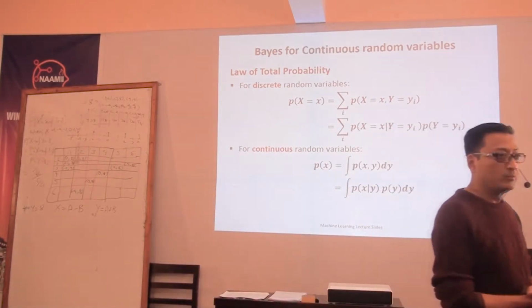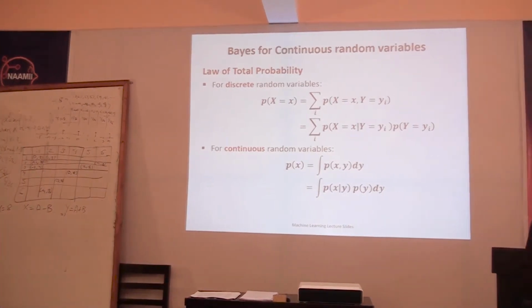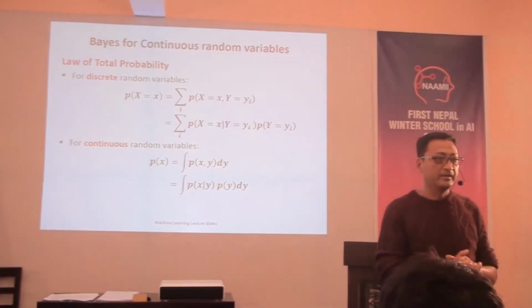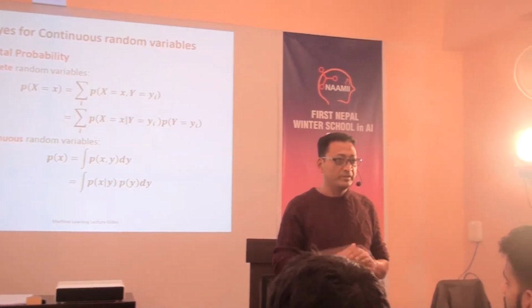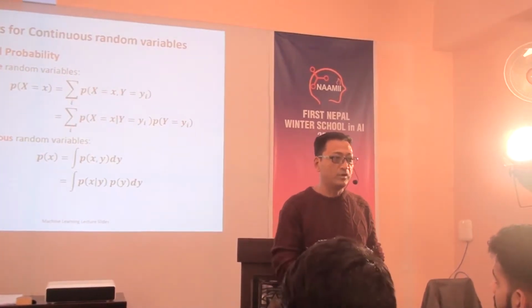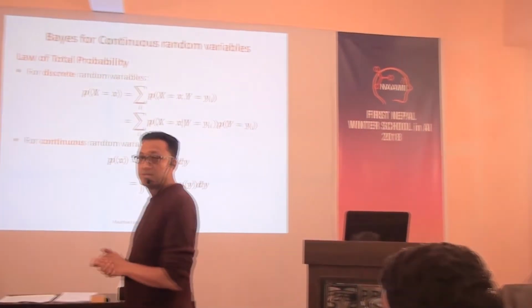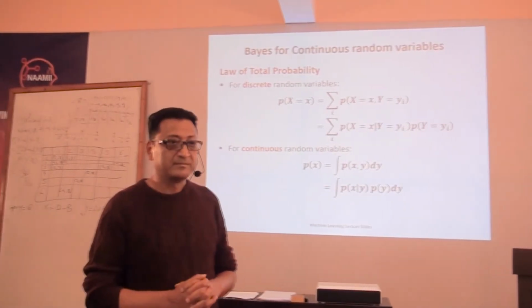The point is that if you have a joint distribution, let's say you have a distribution which has x and y, but you want to average out the effect of y. You don't care about y. Then we can marginalize out y by using the law of total probability. So we sum over all the values of y using this equation, and we can simply compute the average value of p of x.